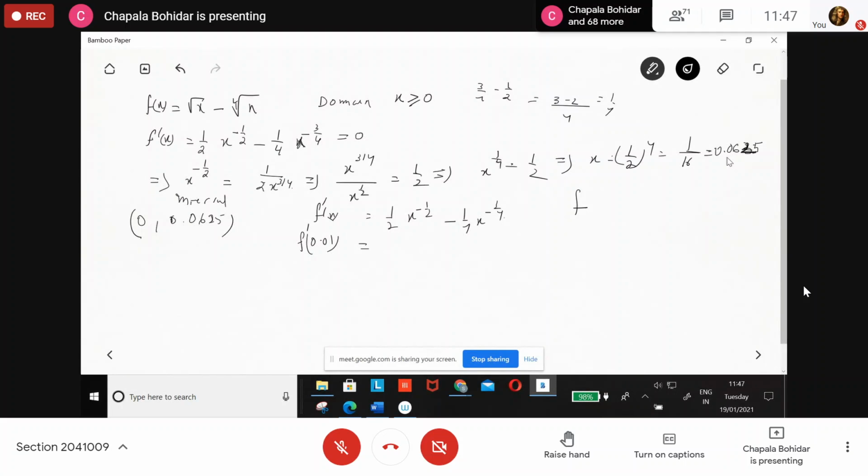So what is the value? By substituting the value 0.01, you are not able to find it out?